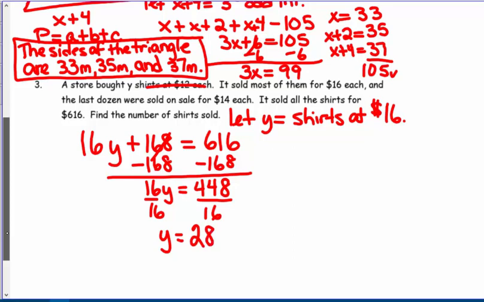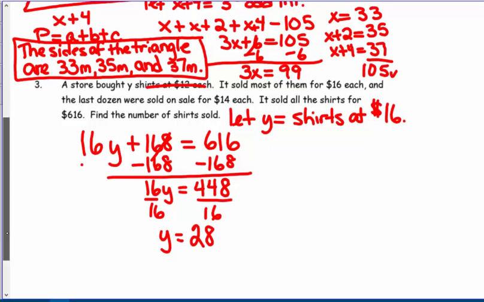Y would equal 28. So plus the last dozen were sold on sale for $14, so there were 28 sold at $16, plus the last dozen, so 28 plus 12, that means that there were a total of 40 shirts. We had to add that in. It sold all of the shirts for $616.